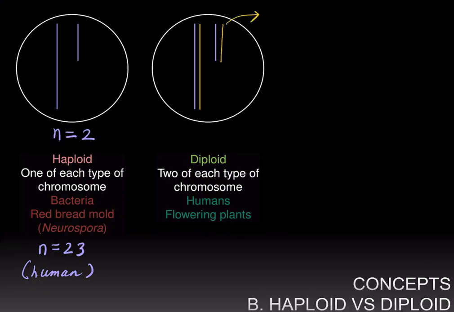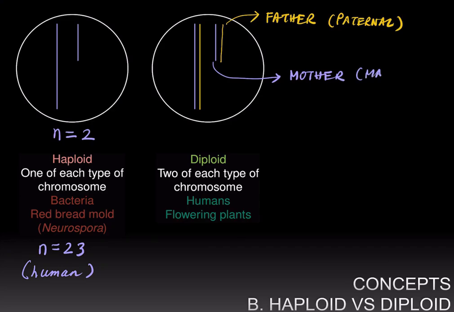One of the homologs comes from the father, and so is the paternal derived chromosome, and the other homolog comes from the mother and is the maternal derived chromosome. So this diploid cell then has a total of 4 chromosomes. So the haploid number is 2 and the diploid number is 4.